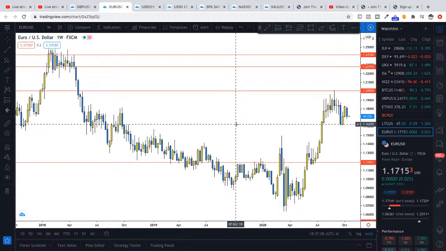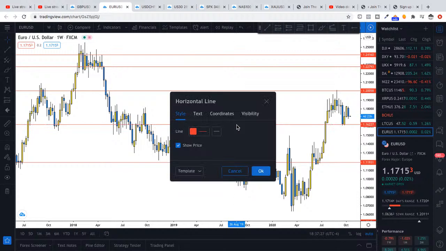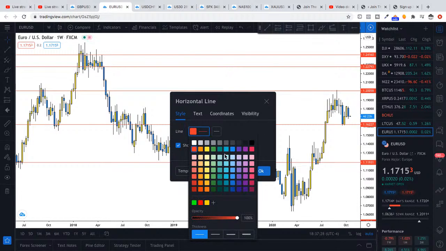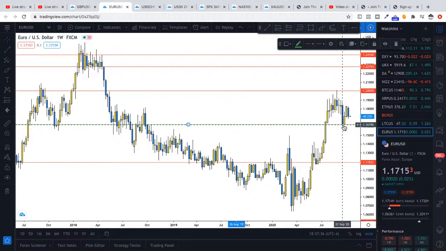Okay, I'm going to consider this another key zone. Why? Because you can see that price rejected here, and we also had a prior rejection over here as well.